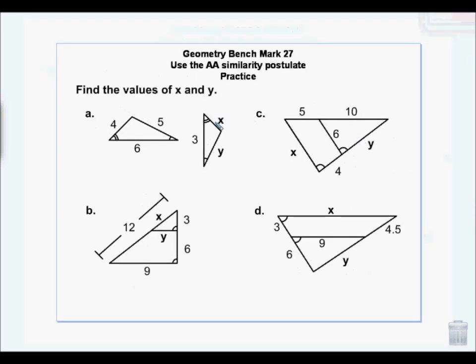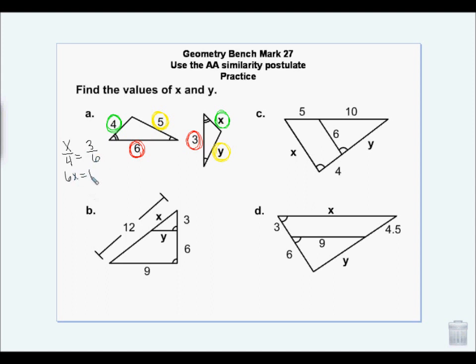So on A, the sides that go together, we have x goes with 4, y goes with 5, and 3 goes with 6. So you'd have x over 4 is equal to 3 over 6.